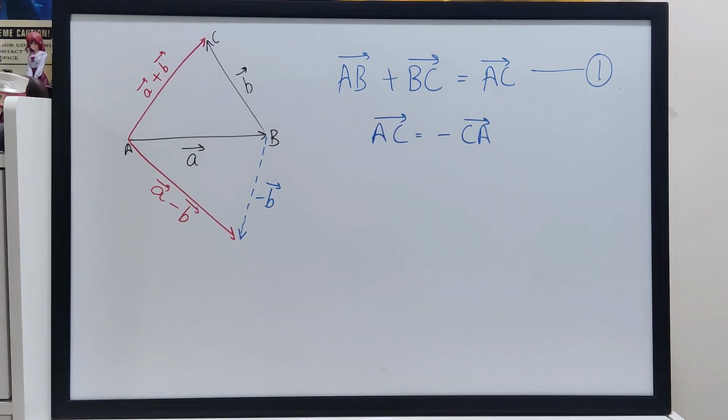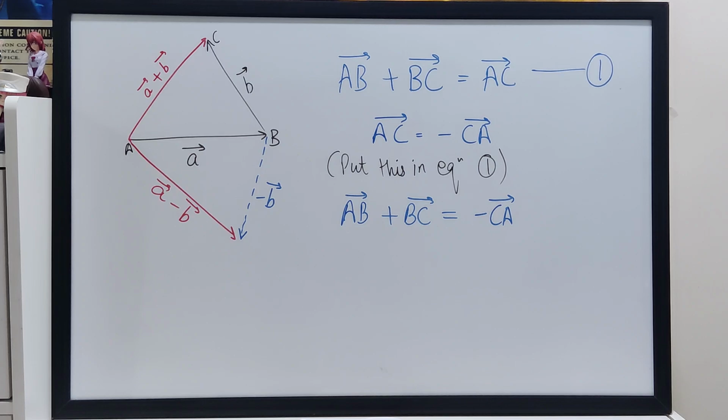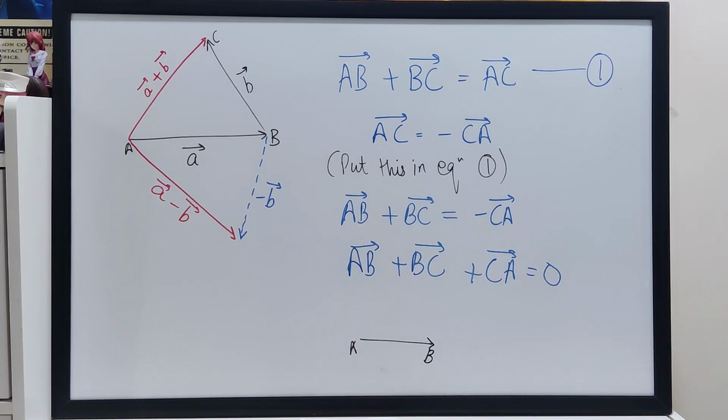We know that AB plus BC is equal to AC. So AC equals minus CA. Putting this in equation 1, we get AB plus BC is equal to minus CA. AB plus BC plus CA is equal to 0 because the initial and the final or the terminal point is same.